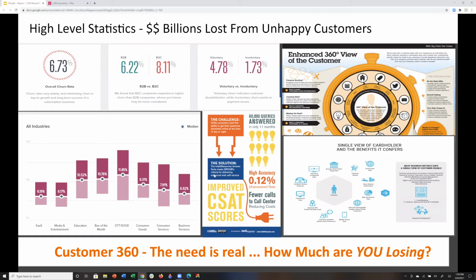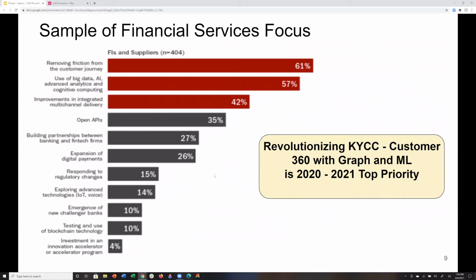Next slide, please. So if you look at financial services for a second, you can see that this survey highlights, how do you remove friction and how do you use big data and AI? That's top of mind for financial institutions and suppliers. And what we're seeing though is it's not just a matter of knowing your customer. KYC is not enough. Especially in the B2B context, it needs to be know your customer's customer as well. That's customer 360 with graph and machine learning.